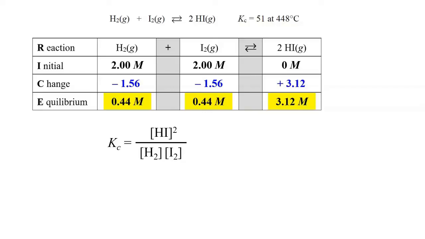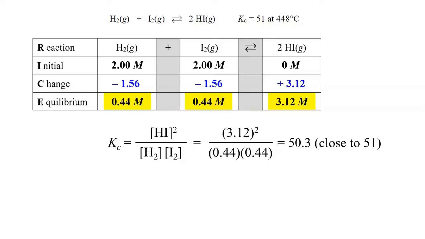So I have 3.12 squared divided by the product of 0.44 times 0.44. And when I do this math on my calculator, I get 50.3, which is close enough to 51 that I'm satisfied that this is an equilibrium system.